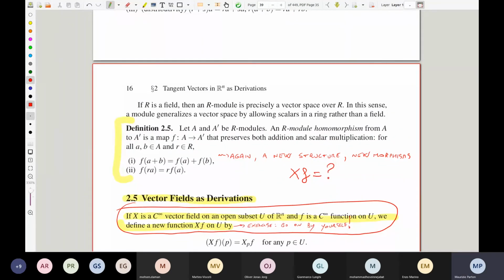It is a very good exercise when you read a book like this, trying to do things by yourself, because this way you really understand. So you reach this point, you read, we define a new function Xf on U by, you stop, you don't read ahead, and you try to put things together by yourself.